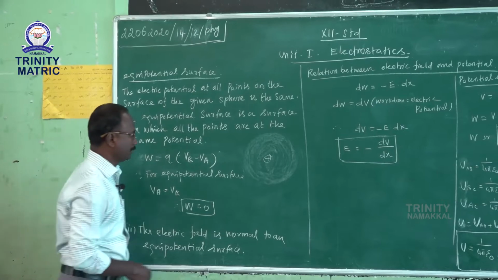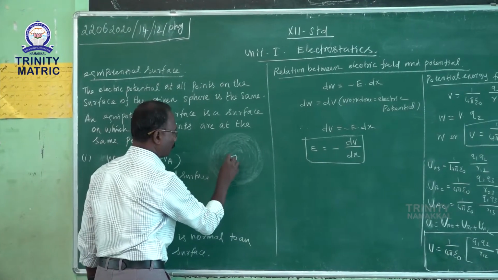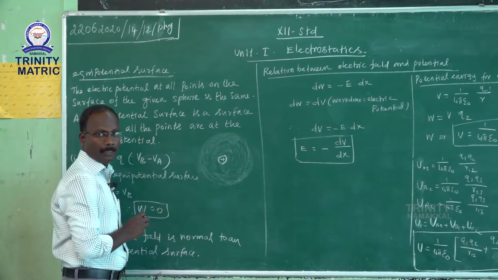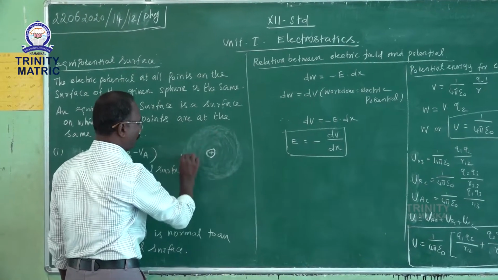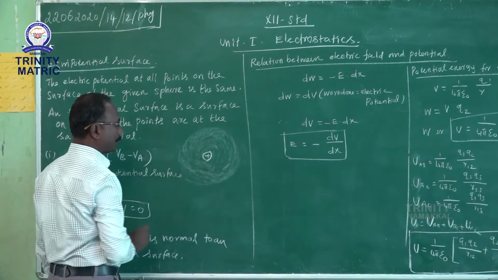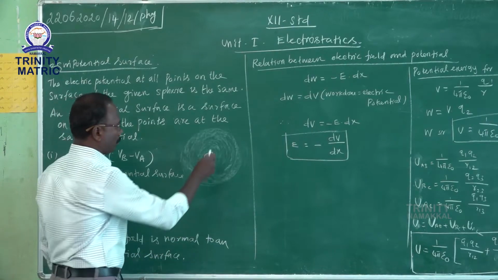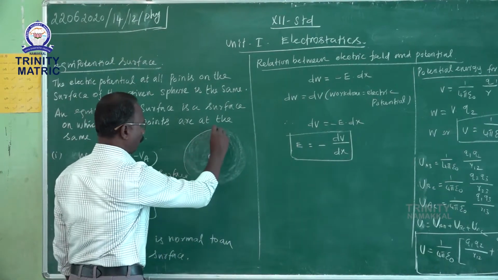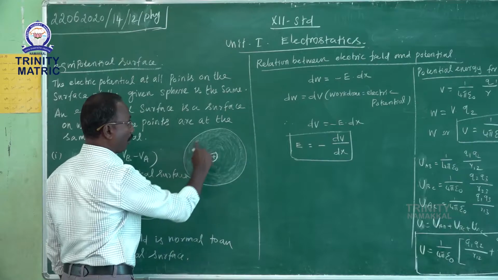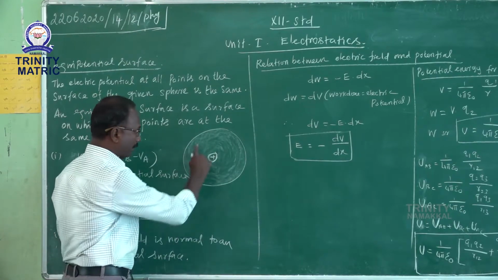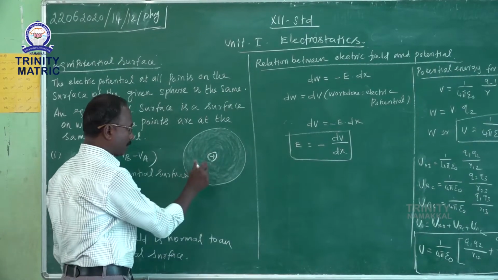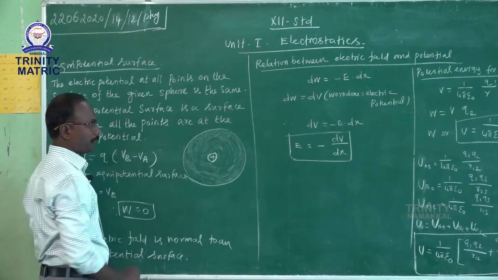Let us consider a charge of plus q placed here. Around the charge there is an electric potential. If these electric potentials are the same for all points in the region, it is called an equipotential surface.